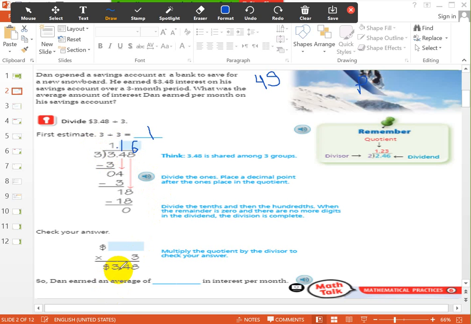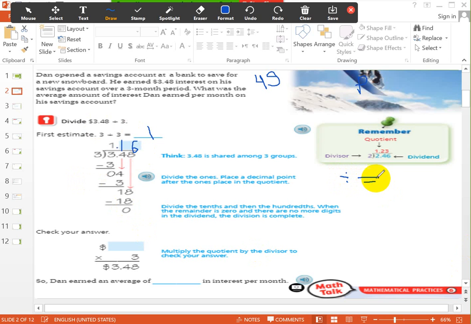You know that in division, I can check my answer. How will I do that? In grade 5, we learned that if you want to know your quotient is correct, you can multiply the quotient with 3. So I can use the inverse operation for division. What is the inverse operation for division?